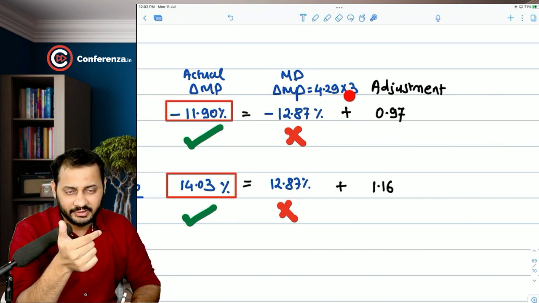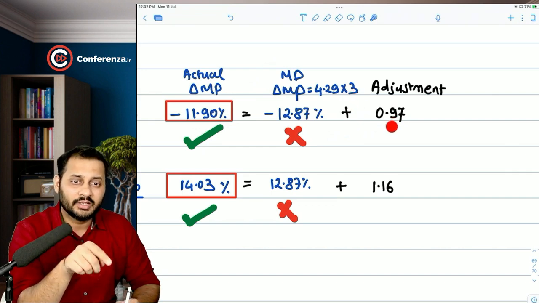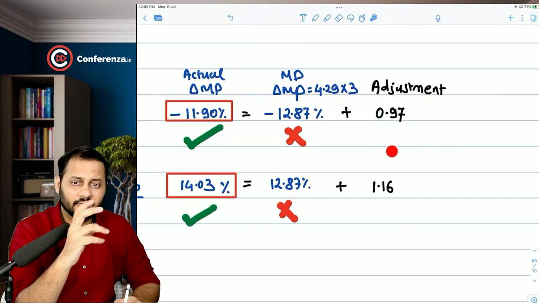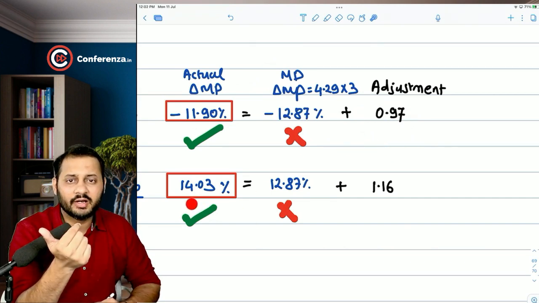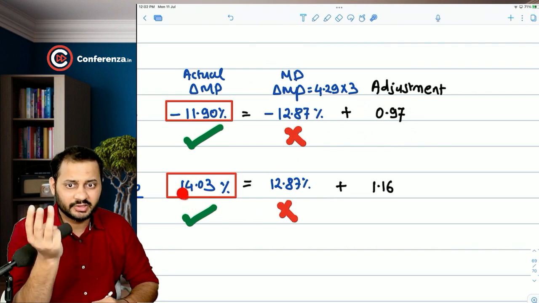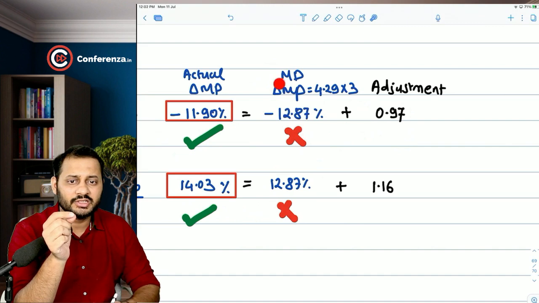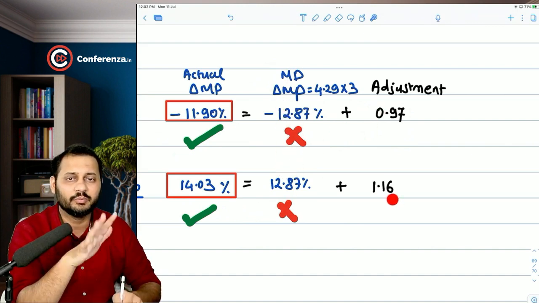Second, the change in YTM. Third will be the convexity, and that will be multiplied by the adjustment. So that will be called the convexity adjustment. Okay. Now the question is, this figure has also been arrived at by change in YTM of 3%. Now, what do you suggest in 12.87? Which figure should I adjust, 0.97 or 1.16?